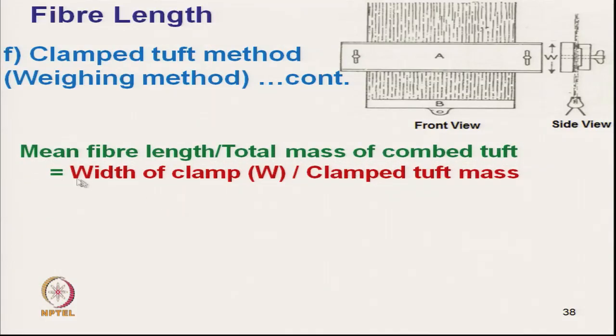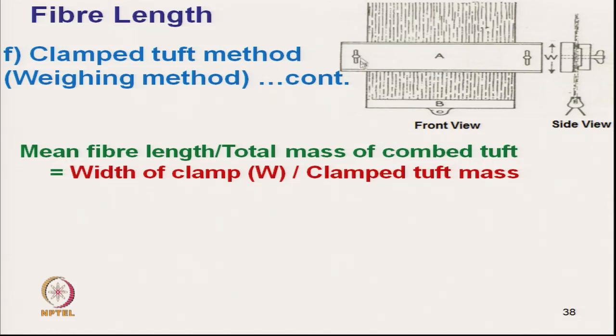Now, the mean fiber length is obtained by comparing the total mass of the tuft with the clamped tuft mass, multiplied by the width of the clamp.